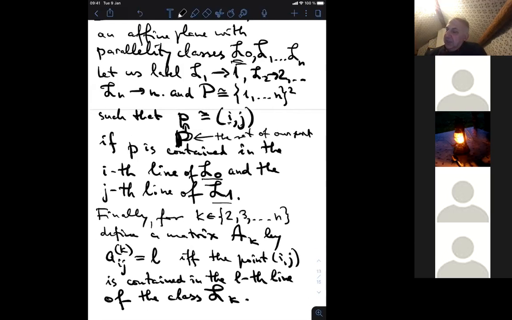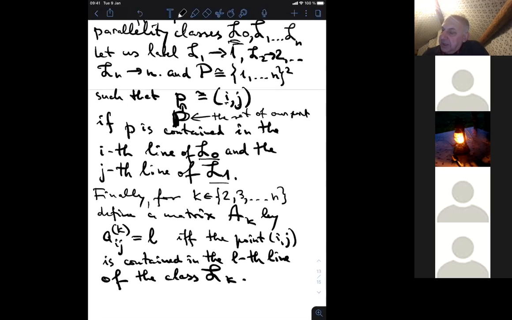Now, we use the classes L0 and L1 to label our points. For each of the remaining classes, L2, L3, and so on to Ln, we'll be creating a Latin square matrix by doing the following.